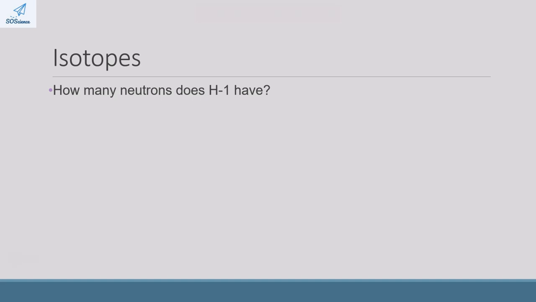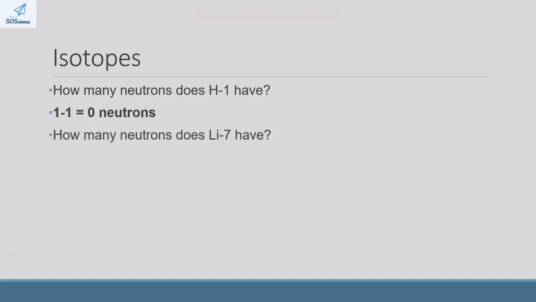How many neutrons does hydrogen-1 have? Well, the atomic mass is represented by this one over here. And we know that any hydrogen atom contains 1 proton. Therefore, hydrogen-1 has 0 neutrons. 1 minus 1 is 0.